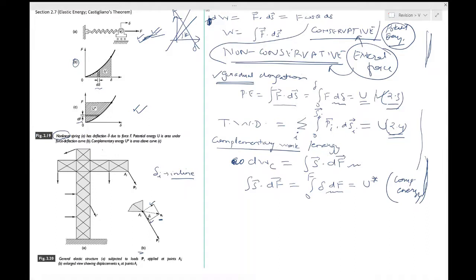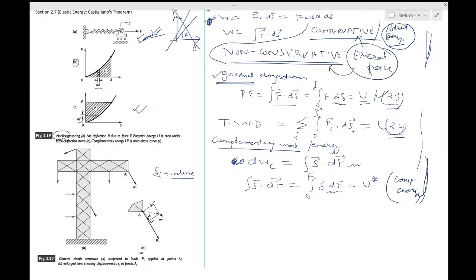Now if the loads in this figure are gradually increased, the total complementary work done by all the external loads will be equal to the total complementary energy.